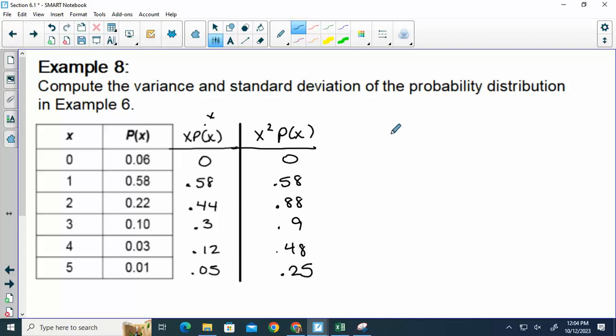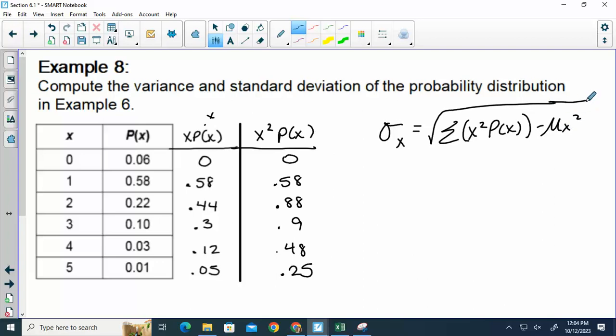So our standard deviation formula says it's the square root of the sum of the x squared p of x's minus the mean squared. So if we add all those up, we get 3.09.